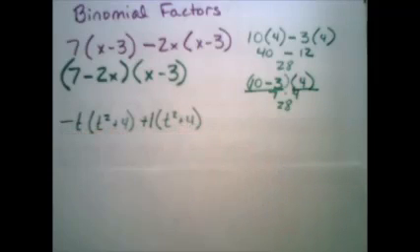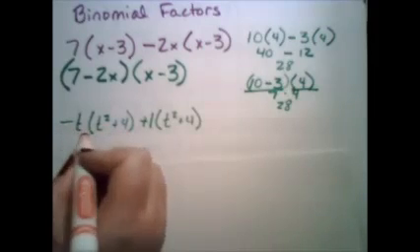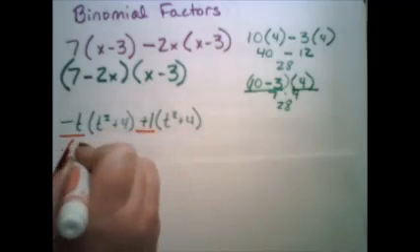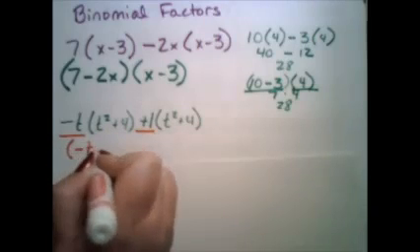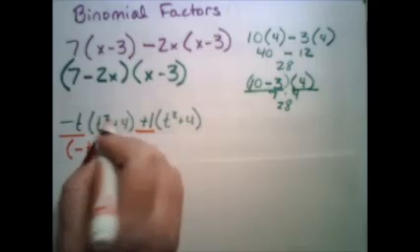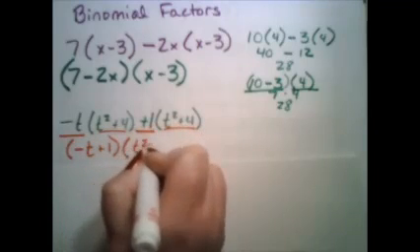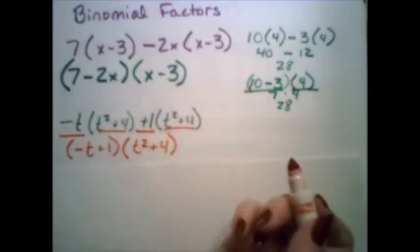So I'm going to take the terms that they have in common and then their coefficients, and I'm going to group them. I'm going to group these to be negative t plus 1, and then I'm going to take the 2 here times t squared plus 4, and I'm done.